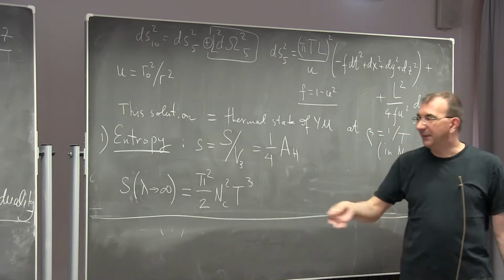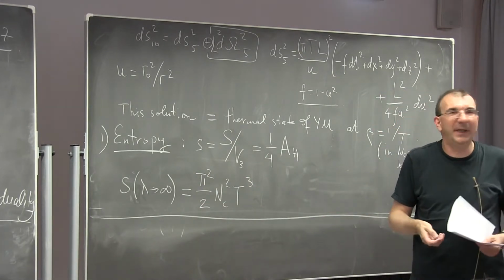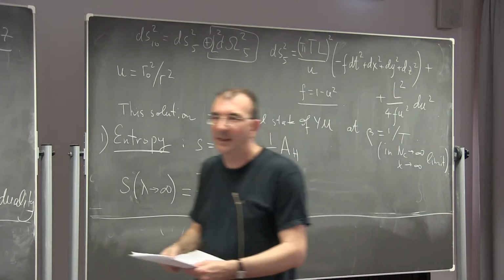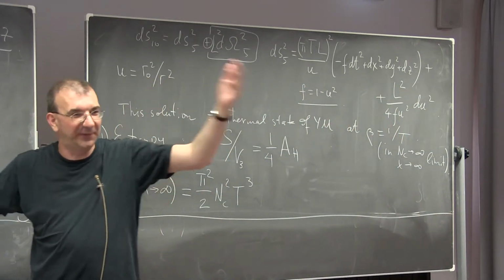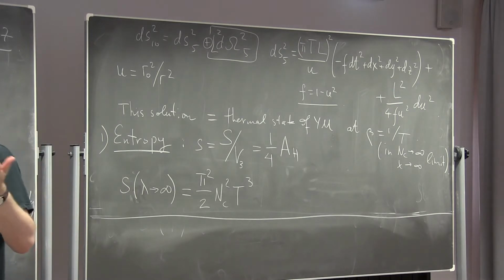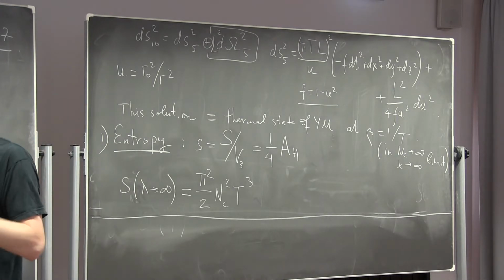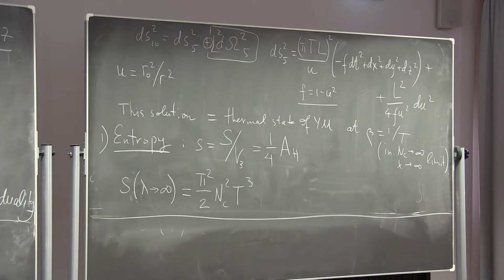Let's compare this coefficient. Of course, we can also compute the entropy in the same Yang-Mills theory, just like we did for the ideal gas of quarks and gluons. We just write down the Stefan-Boltzmann law and count the number of degrees of freedom. We have a gluon here, we have fermions, we have scalars, and so on. You can combine all these degrees of freedom in a prefactor of T cubed and write down the answer.